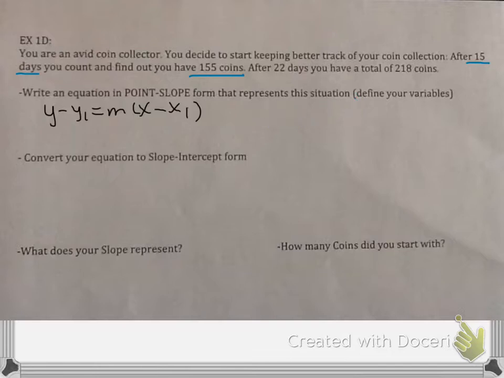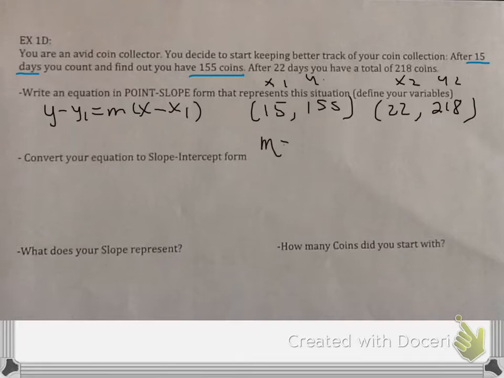Let me rewrite this. 15 days and we have 155 coins. Our second point could be 22 days and we have 218 coins. Here's our x1, y1, x2, and y2, so we can find our slope.